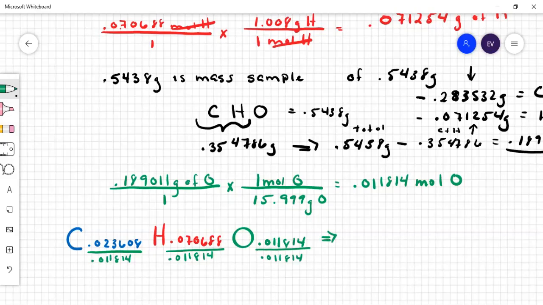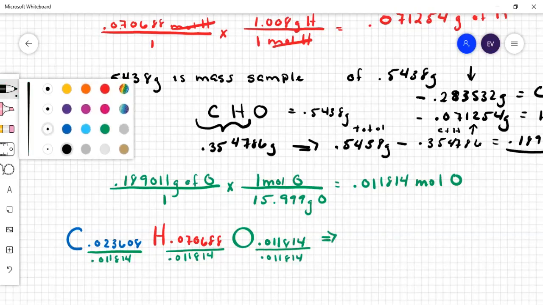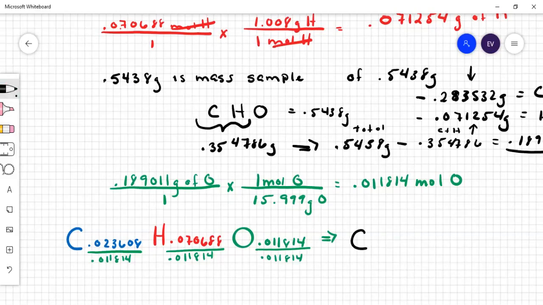Let's figure out what we get. 0.023608 divided by 0.011814. Here's where I end up. Carbon ends up at 1.99831. 0.070688 divided by 0.011814.